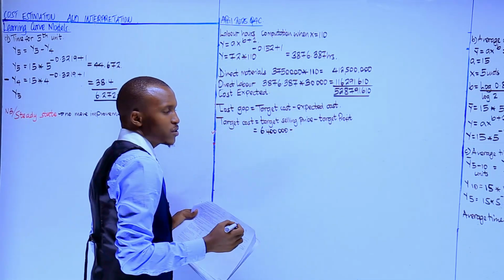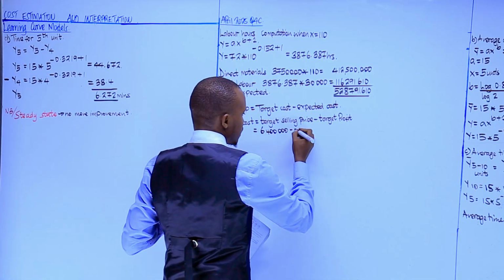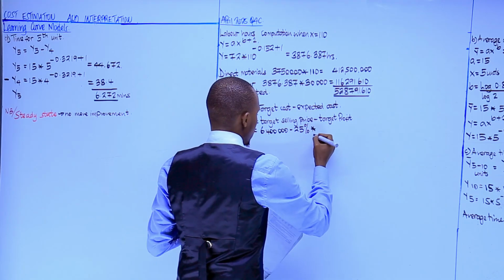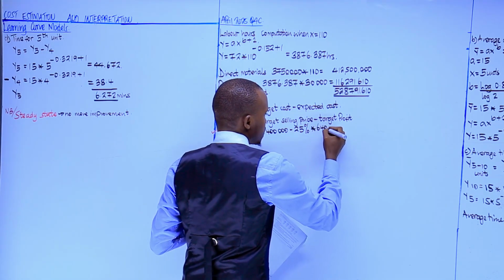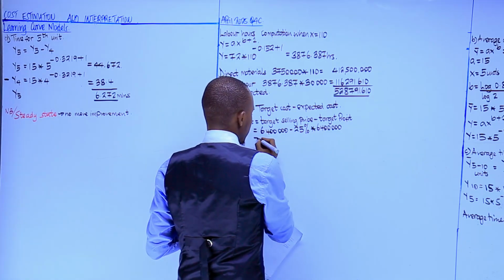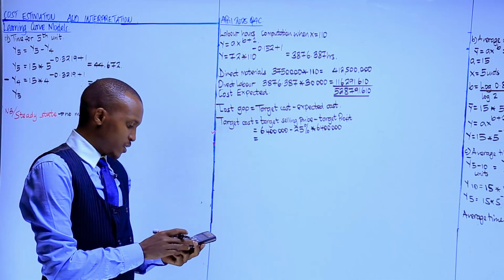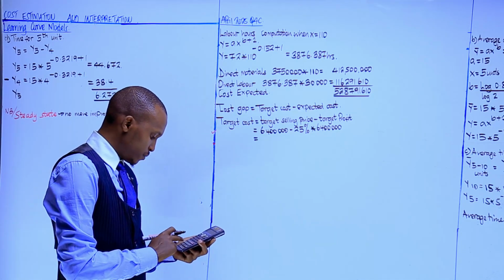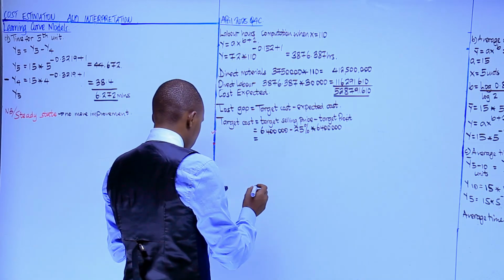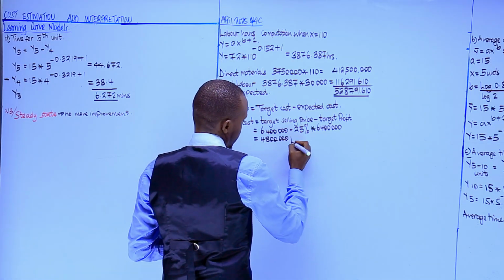You subtract your target profit, and your target profit is 25% on selling price, and your selling price is 6.4 million. So therefore the target cost per car is 4.8 million per car.